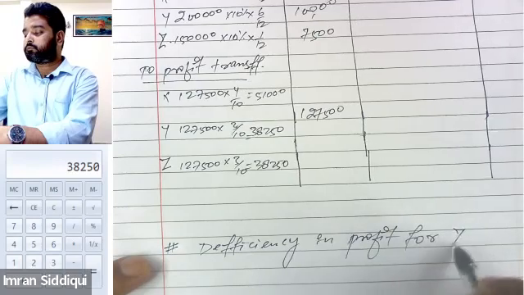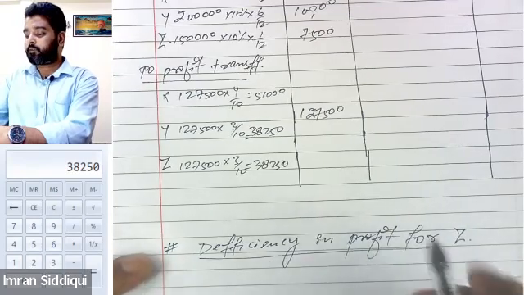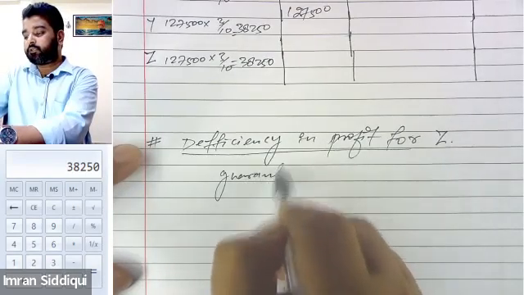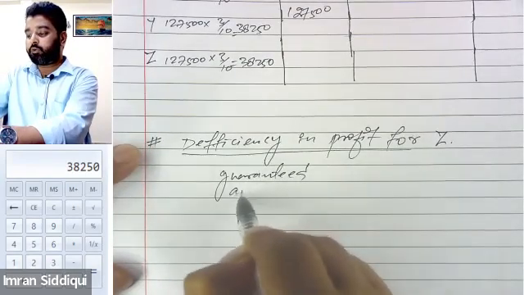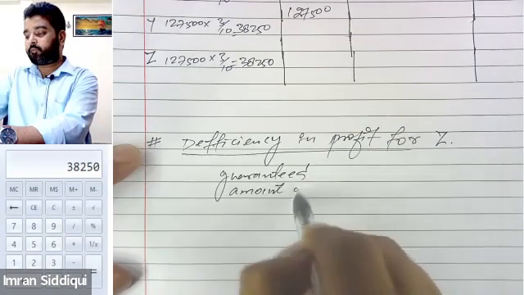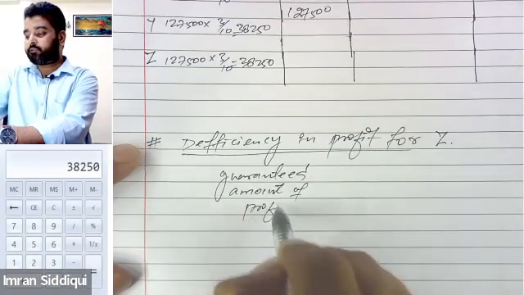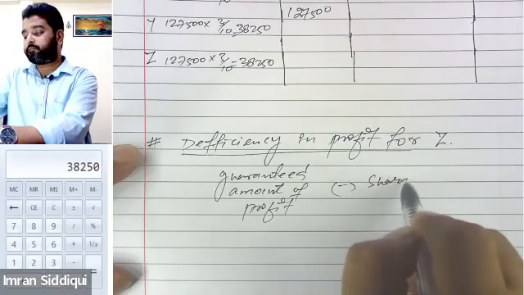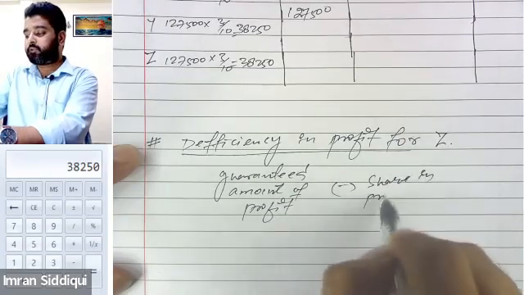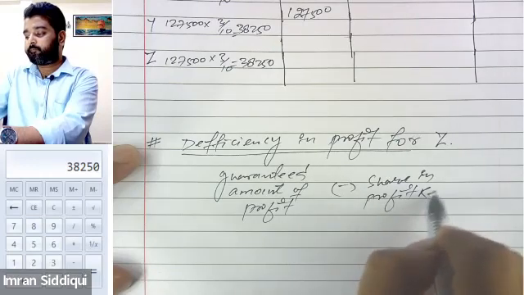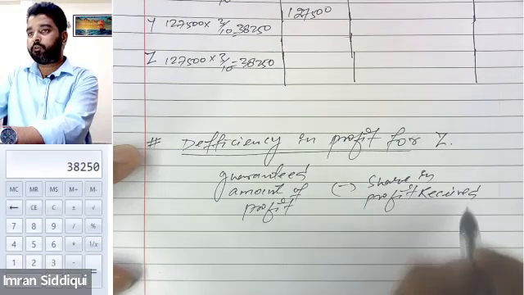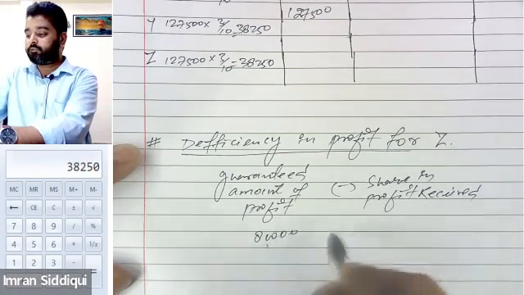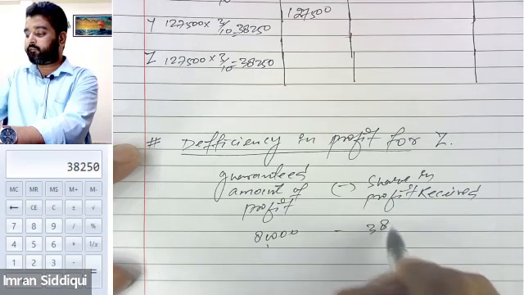Deficiency in profit for Z. For that purpose, we will apply this formula: guaranteed amount of profit minus share in profit received. Now the guaranteed amount of profit was 80,000 and the share in profit received is only 38,250.